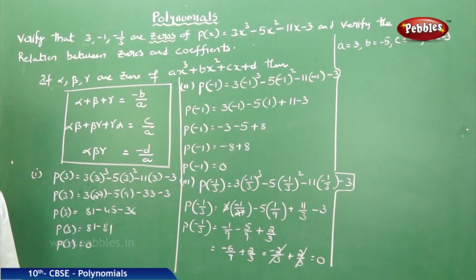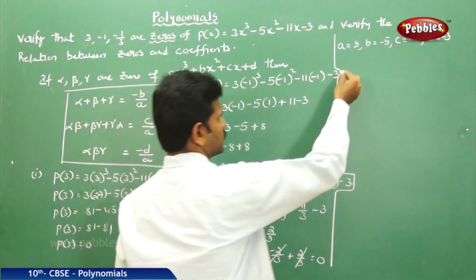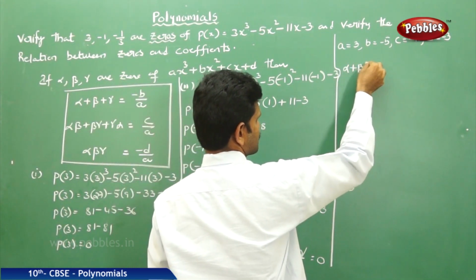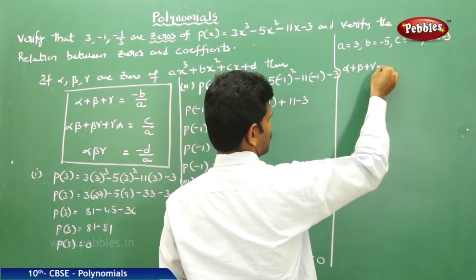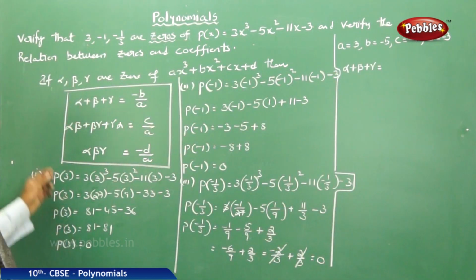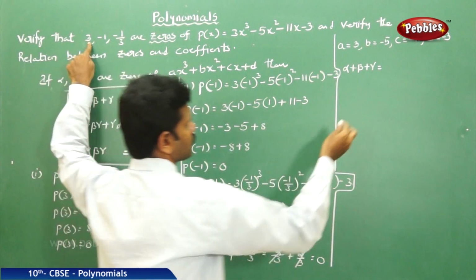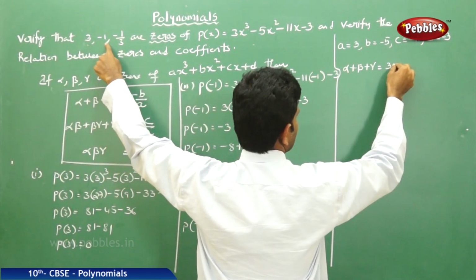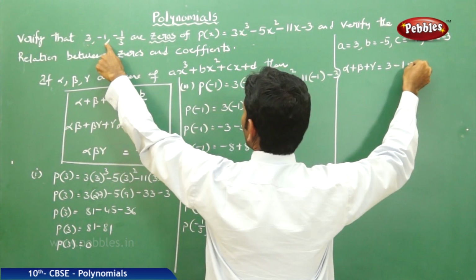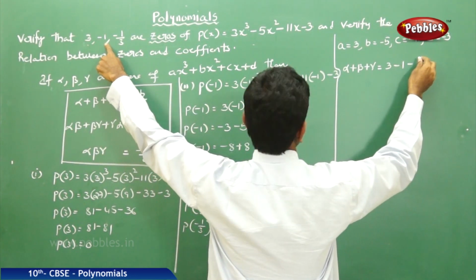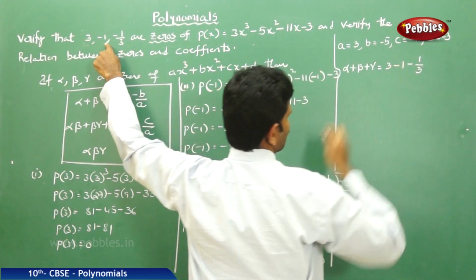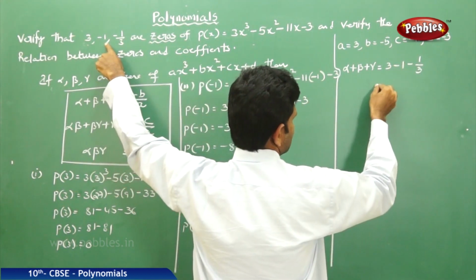These are the coefficients. Now according to the given question, first one: alpha plus beta plus gamma is equal to, what is alpha? 3. Beta is minus 1, gamma is minus 1 by 3. Now let us simplify this one.